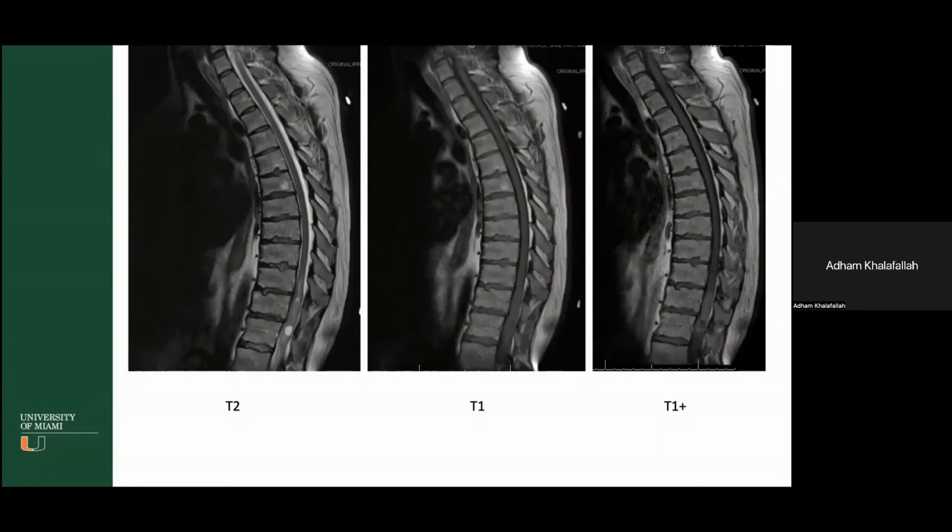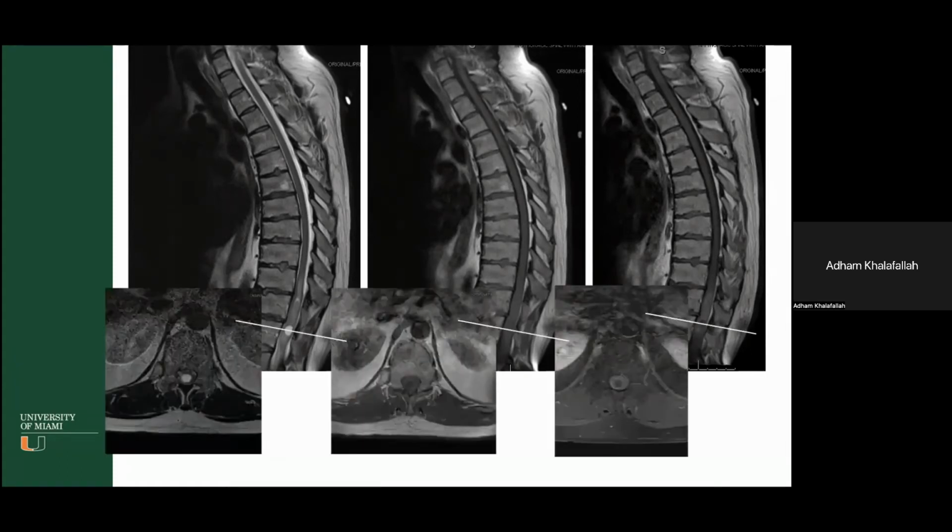There's a minimal shade of enhancement that extends beyond the tumor itself, up to T11.